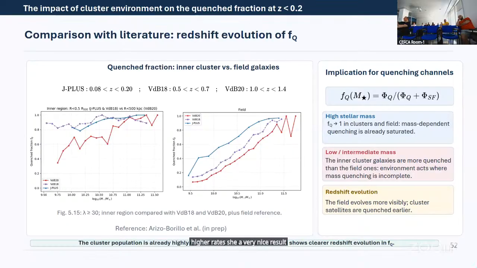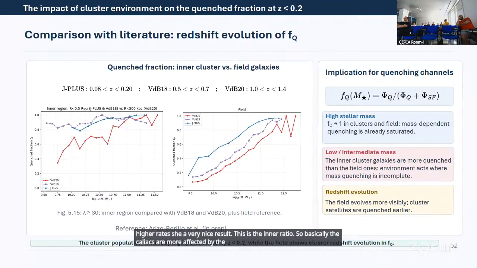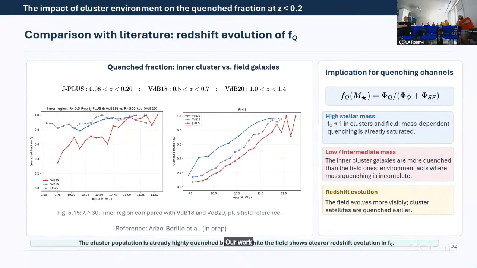This is the inner region, so basically the galaxies that are more affected by the environment of the galaxy cluster, and we can see that our work, in blue, compared with Van der Burg, in purple, shows no big difference in the quench fraction.